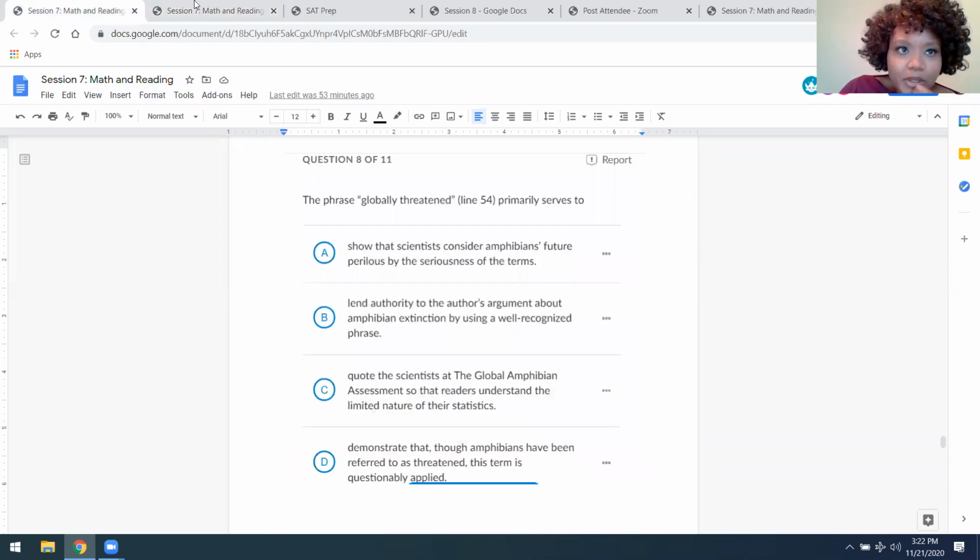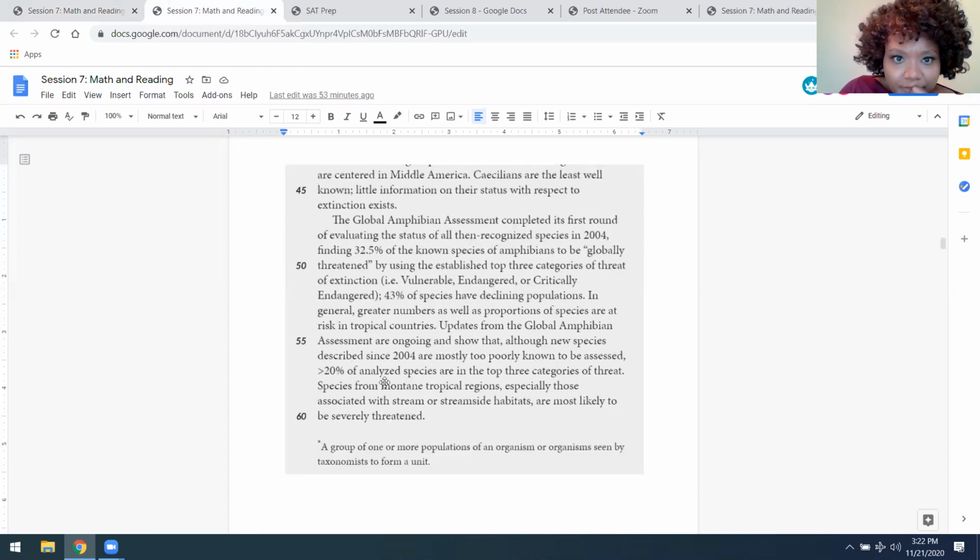Okay, there's some incongruence again, sorry. This is actually in line 49 or 50, "globally threatened."